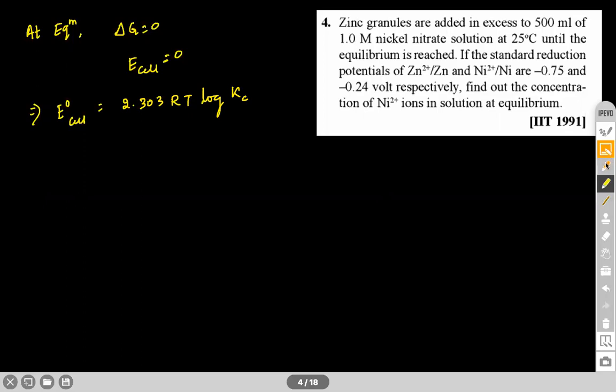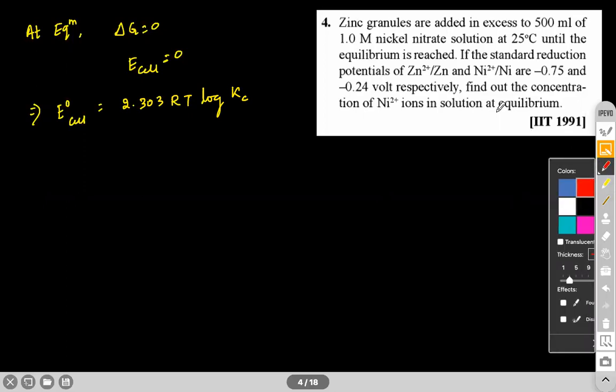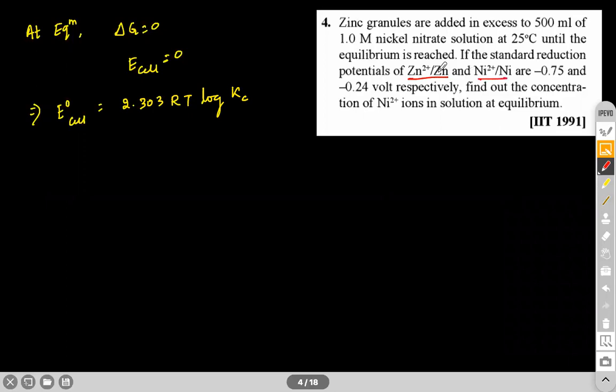Obviously you see zinc and nickel both are getting reduced. So reduction potential is given, minus 0.75 and minus 0.24. So which one is more? Nickel is more, right? So nickel will go under reduction because the nickel reduction potential is more than that of zinc. So what we can write, E naught of Ni2 plus to Ni is greater than E naught of Zn2 plus to Zn.